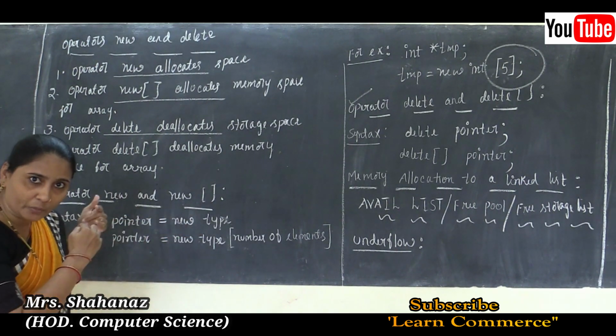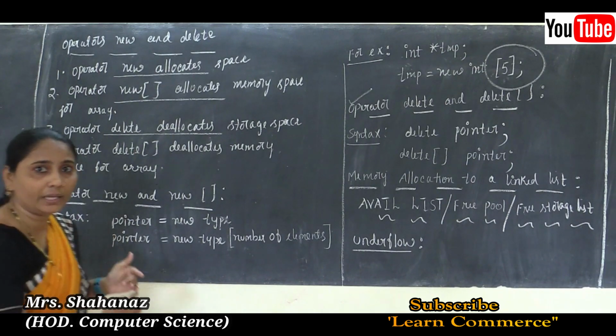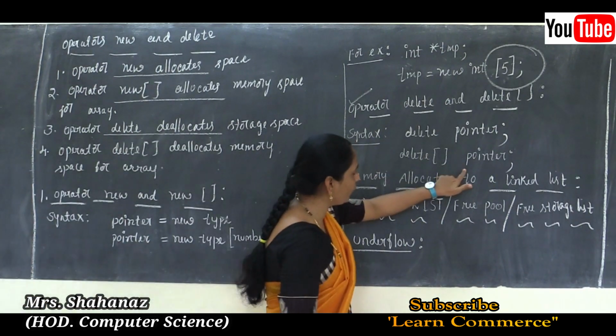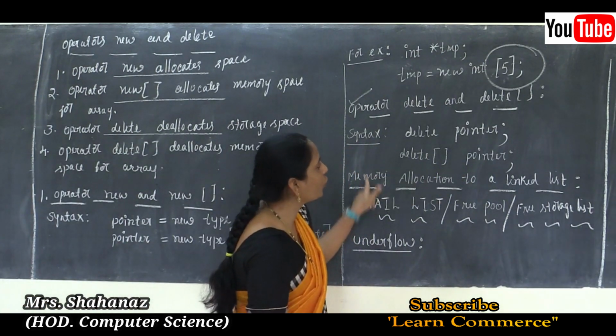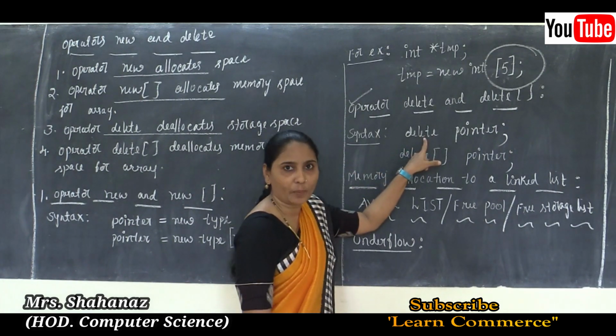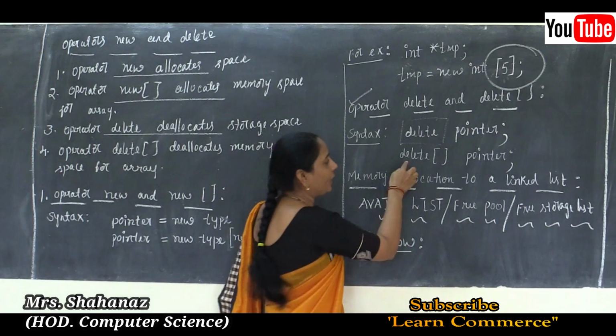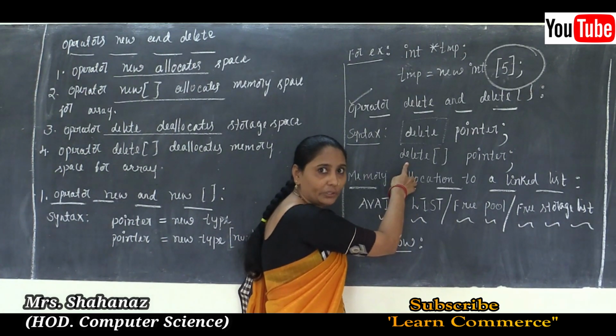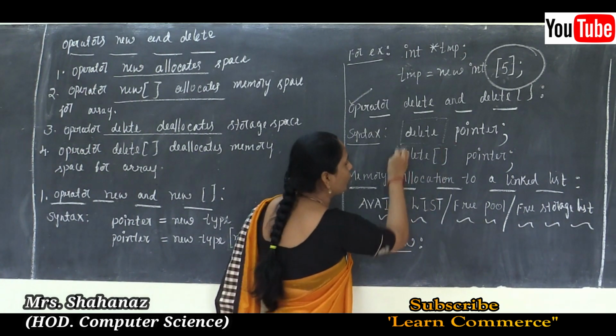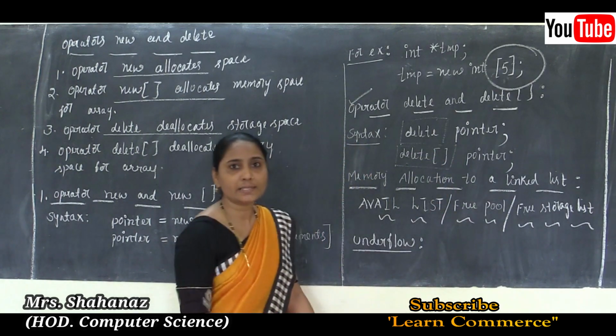Now, whatever memory was allocated dynamically, if you don't want it, it is deleted by using the operator called delete. And if you want to delete a block of memory, then we need to use the operator delete size pointer.